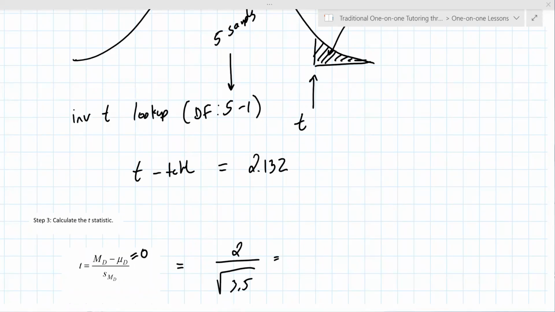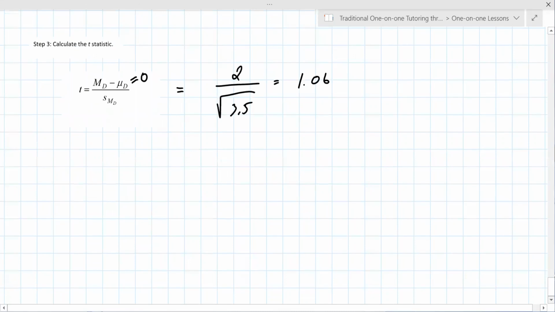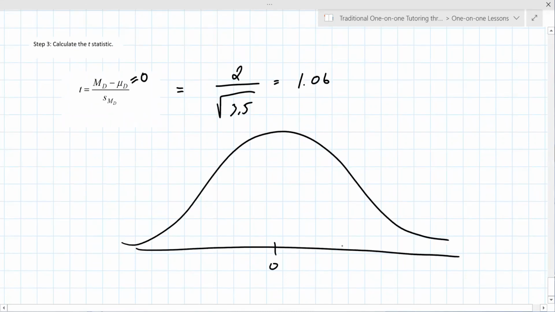Okay, so I got 1.06. What did you get for that? 1.06. Okay, so if we draw another thing here, here's 0, here's your number 1.06, here's the 2.132. So you reject here, you fail to reject here.